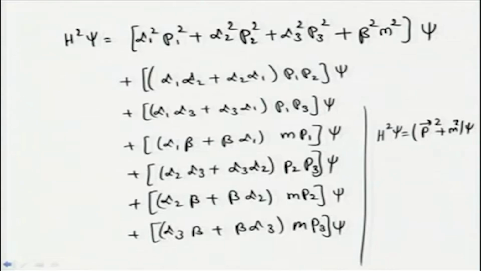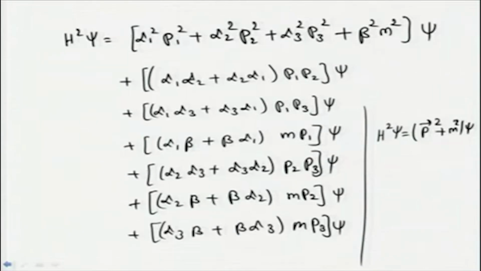So, the first term is proportional to P1 P2, second term is proportional to P1 P3, then M P1, P2 P3, M P2, M P3. Either some of these components are zero. If P1 equal to 0, P2 equal to 0, P3 equal to 0, M equal to 0, then everything is fine, but that anyway will give you a null result, H square is equal to 0.